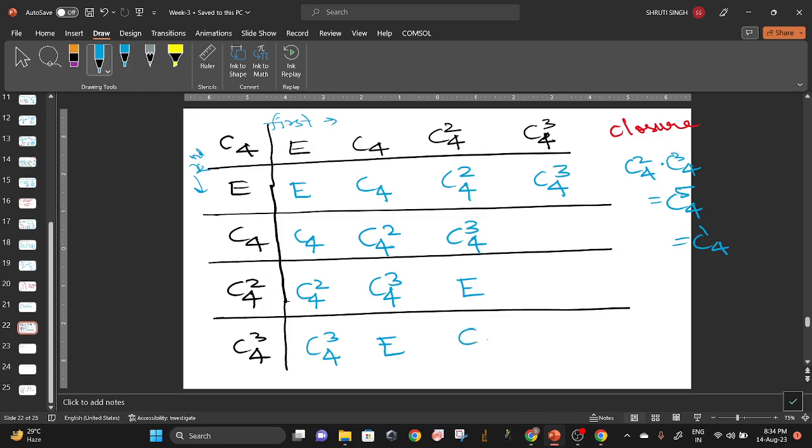Now this one is E, this is again C4, and this one is C4 square. So this is cyclic. You can see the elements are also coming one by one in the diagonal: C4 cube, C4 cube, C4 cube. So this is a signature of the cyclic group.